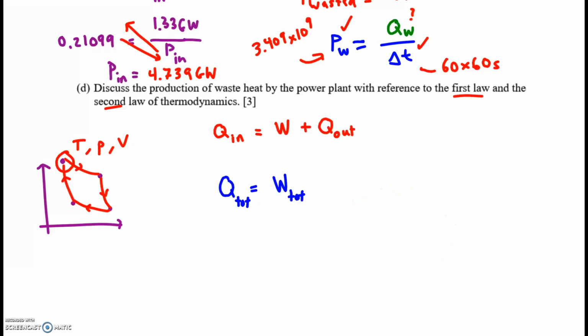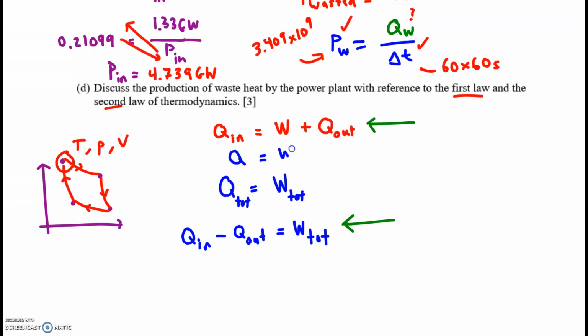What does that mean for us? Well, let's look at this left side here. The total work is the input minus the output, right? But this and this say the same thing.